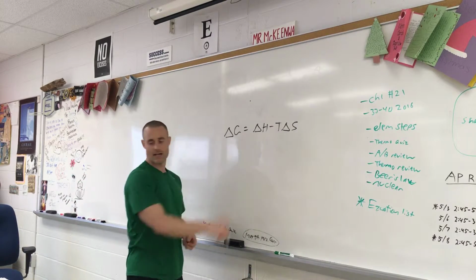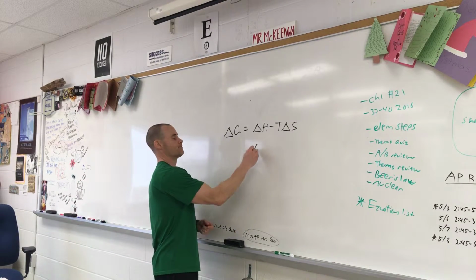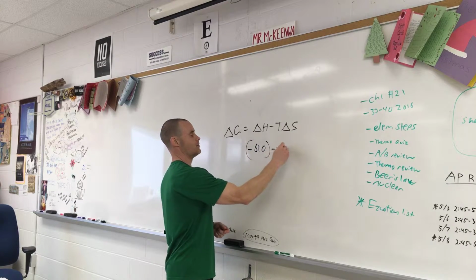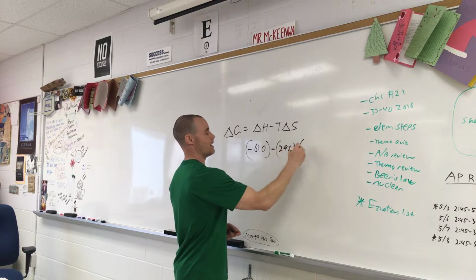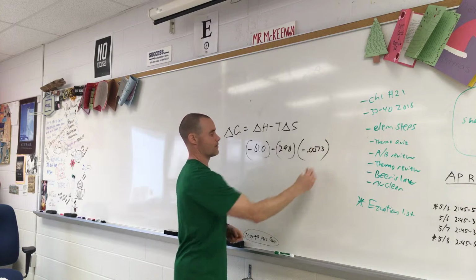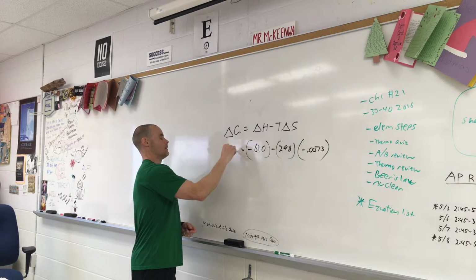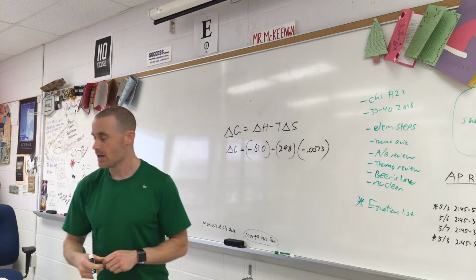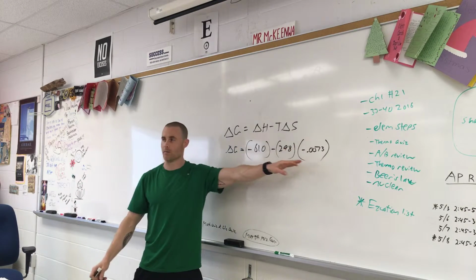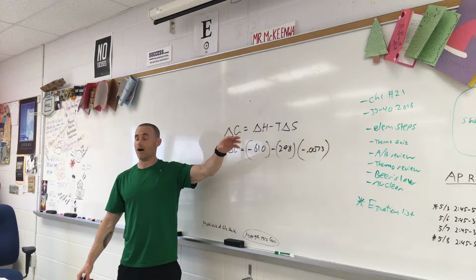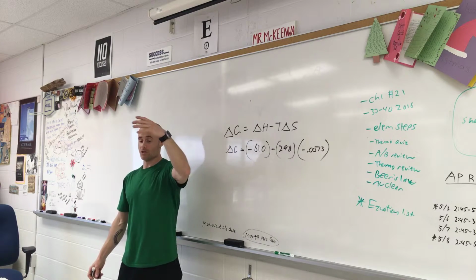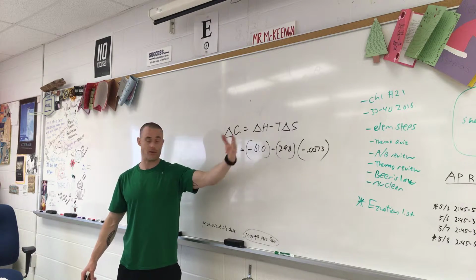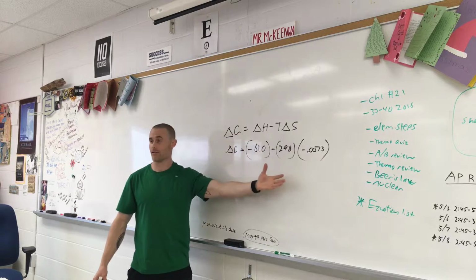So, delta H, -610 minus 298 times -0.0073. Now, it's important to understand you have to have both kilojoules or both joules. I've said that so many times, I hope you remember that. Now, this is multiple choice. You cannot use a calculator, and you don't need a calculator.